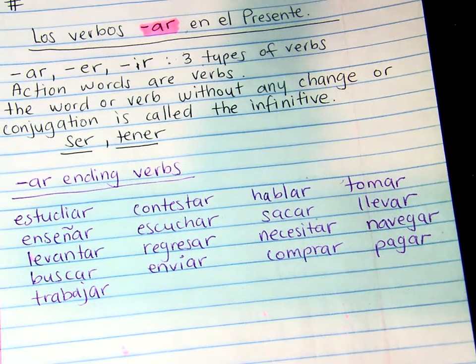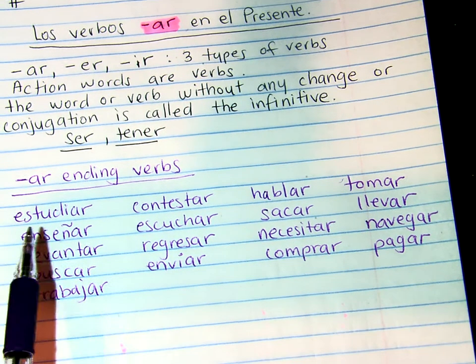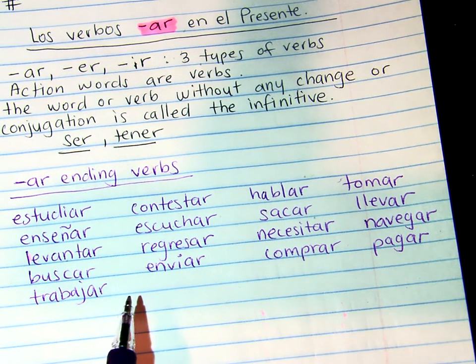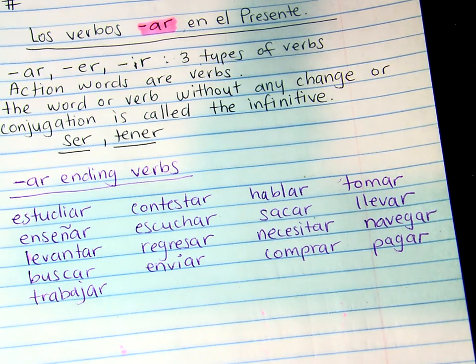Okay? These are all the verbs from your vocabulary list. These are words that end in AR.